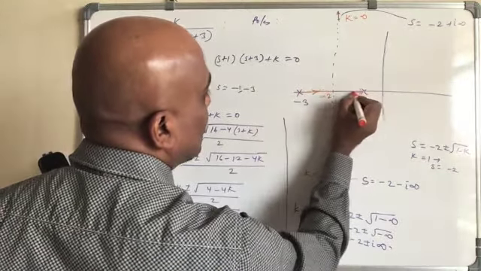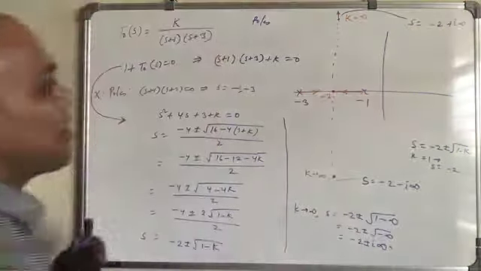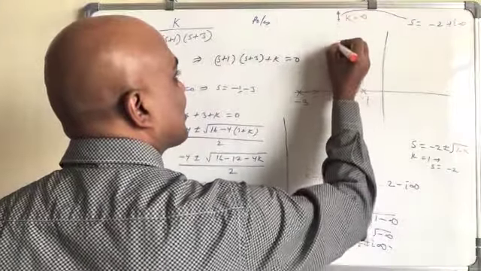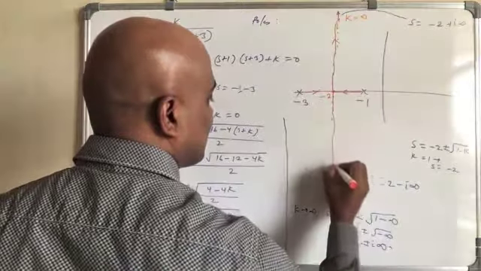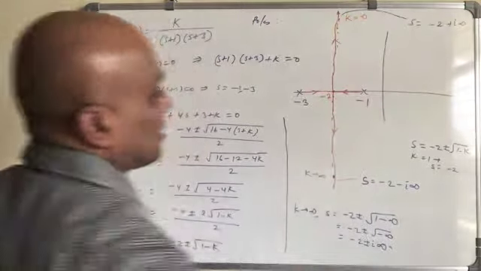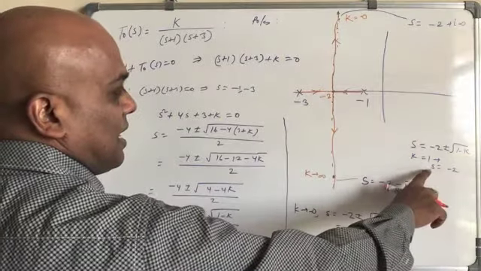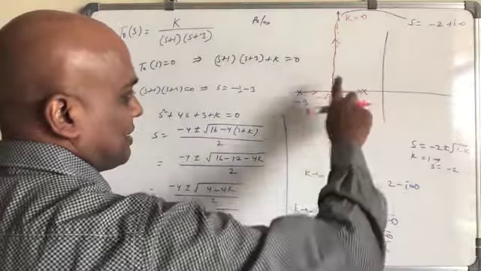It comes from both sides. But from this point, it will start going this way. So as K equal to 1, this will come to this point.